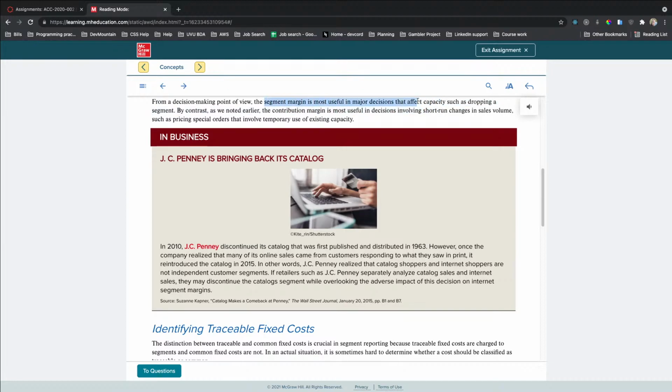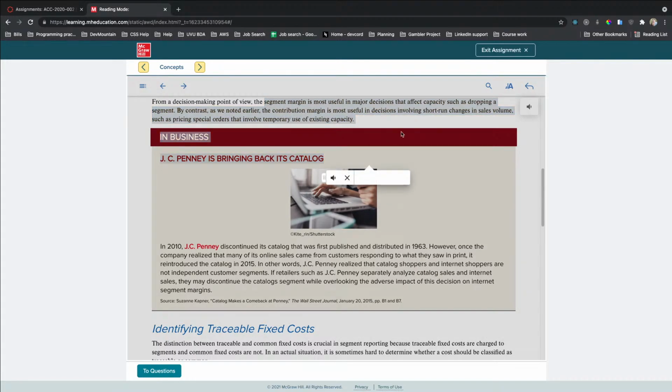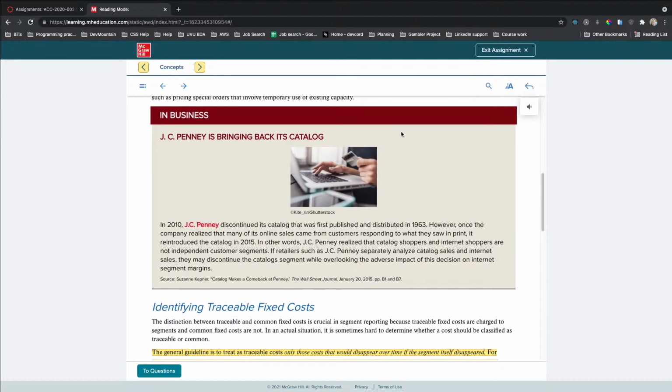Segment margin is most useful in major decisions that affect capacity, such as dropping a segment. Contribution margin is most useful in decisions involving short-run changes in sales volume, such as pricing special orders that involve temporary use of existing capacity.